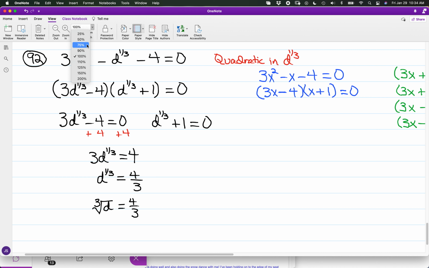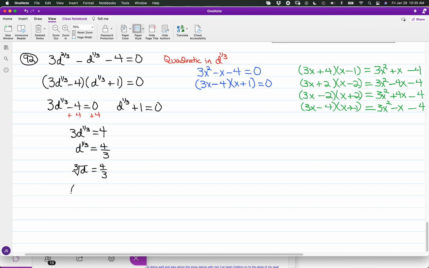And then taking care of the radical by applying both sides and cubing, the cubic root of d cubed will come out to d. 4/3 to the third, 4 cubed is 64, 3 cubed is 27. So for the first solution in d, this will come out to positive 64/27.